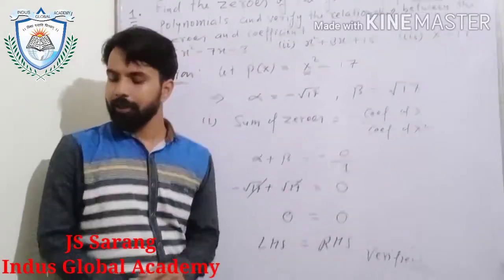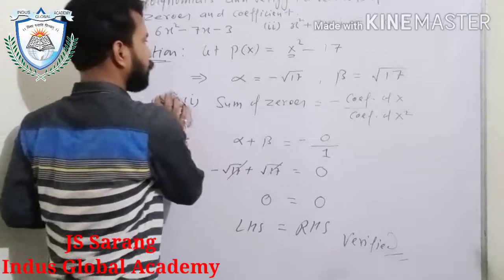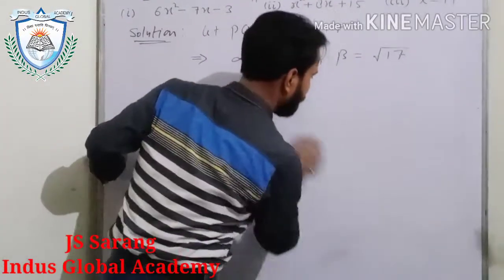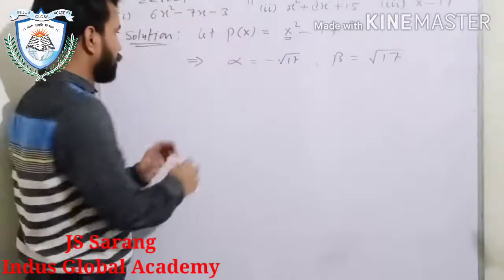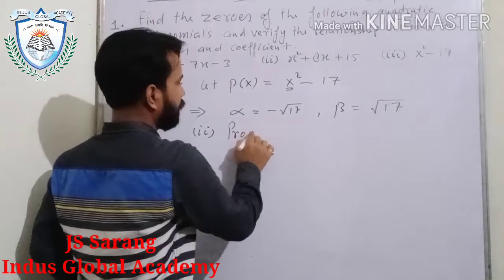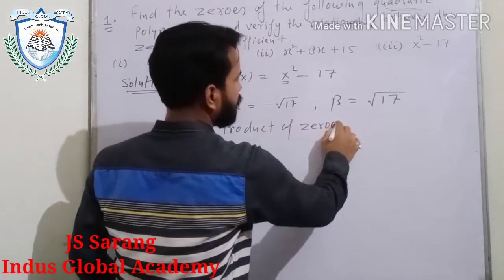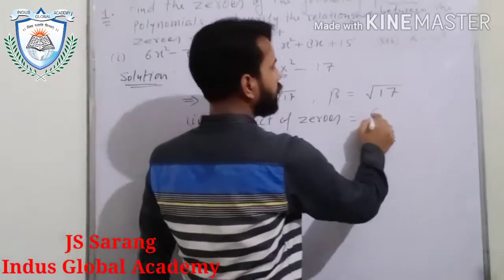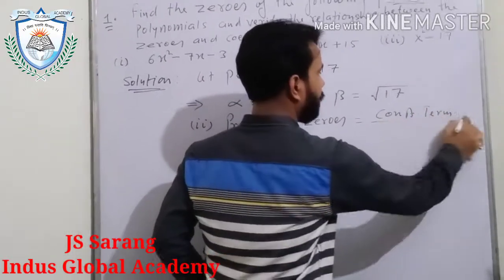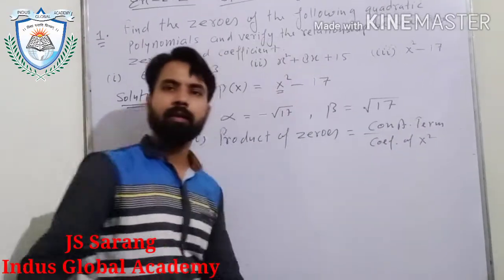Now the second relation is the product of zeros. How can we verify that relationship? The formula for the product of zeros is constant term upon coefficient of x square.